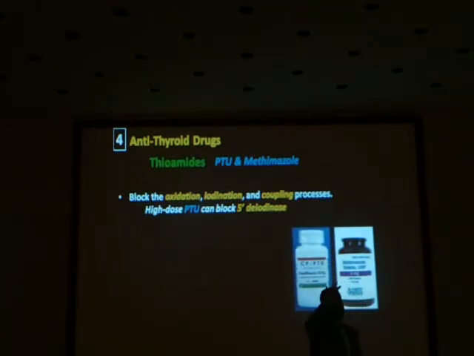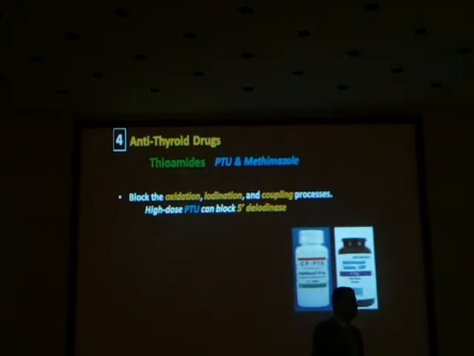What's the problem with this? I mean, in clinical practice, you are giving a drug, it's going to target all these steps, less thyroid production. What could be a problem here? The thing is that you are targeting the iodination steps, the oxidation steps. But what about what's already there?